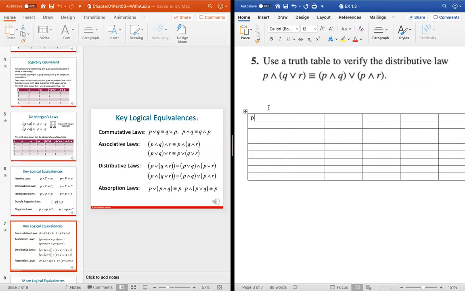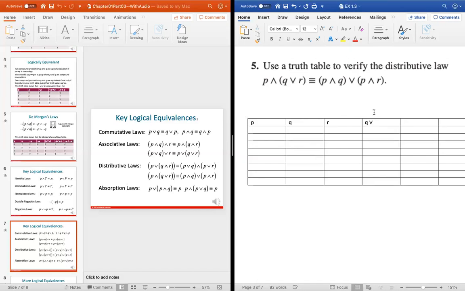Okay, so we take P and Q and R, and then we have Q or R, and then we have P and (Q or R).